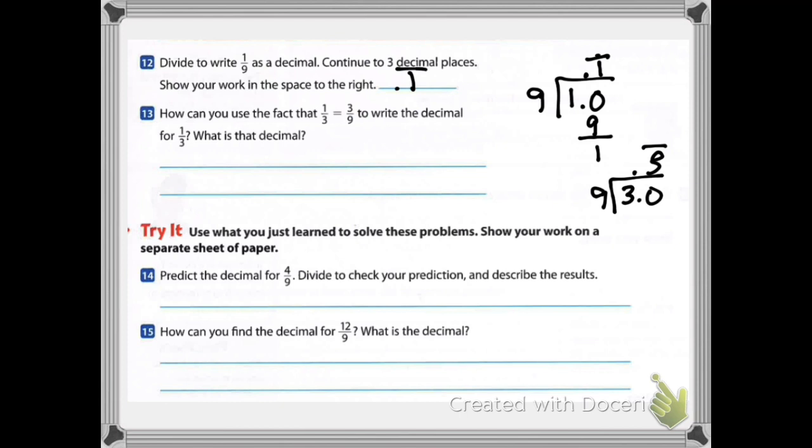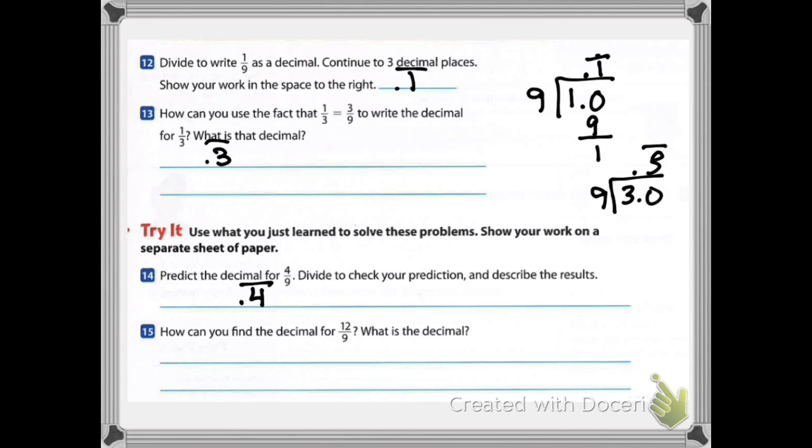So I know that 1/3 is going to be a repeating 3. Because I know that anything over 9 is going to be that number repeating, because that's the trick of the 9s. So what is 4/9 going to be? Well, I know that that's going to be a repeating 4.